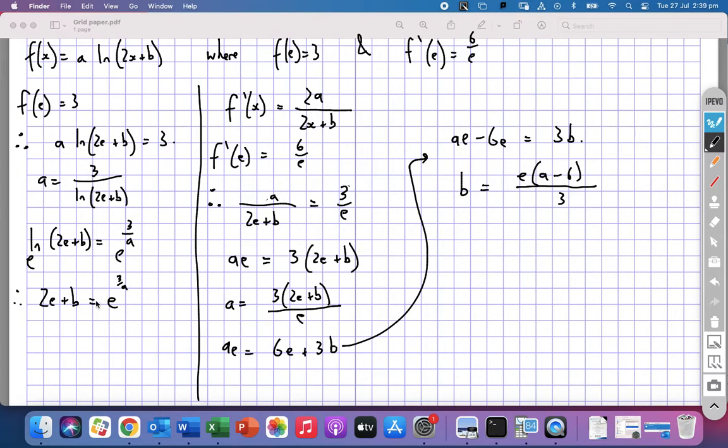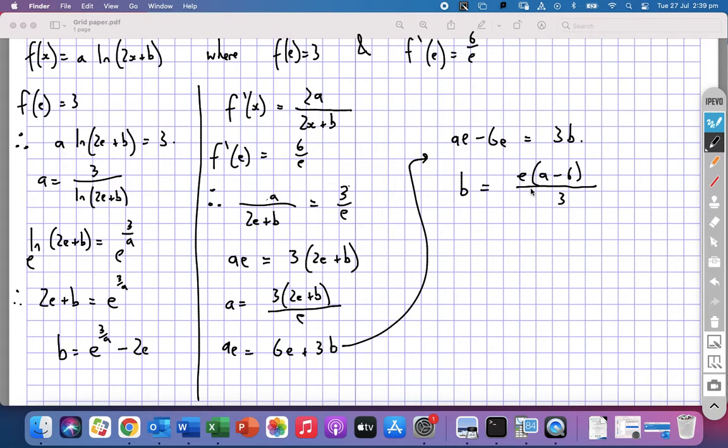b from here could equal e to the power of 3 on a minus 2e. So I could say this has to be the same as this one. ae, b equals, so maybe we'll try that.